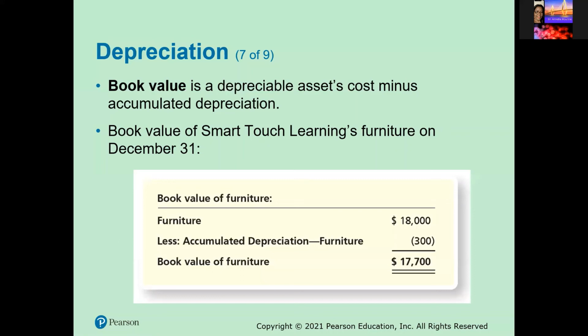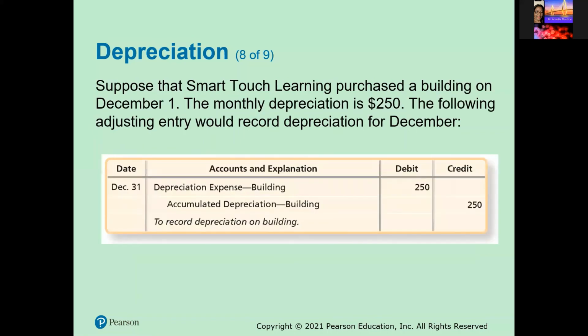So here we see the book value of furniture. The furniture was at $18,000, less accumulated depreciation furniture of $300, so now the book value of the furniture is $17,700. Now, suppose that Smart Touch Learning purchased a building on December 1st.